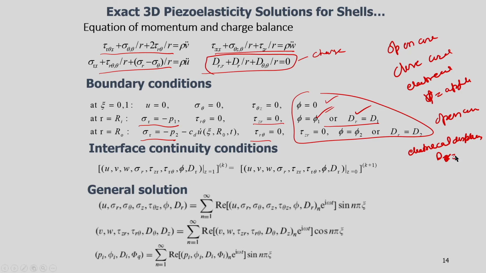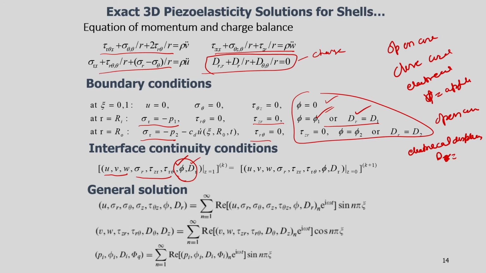For three-dimensional solutions, we need to satisfy the interface continuity conditions. These are our 3 displacements and 3 stresses. Now 2 further variables come into the picture: phi, the electrical voltage, and D, the electrical displacement, which also need to be continuous at the interfaces.